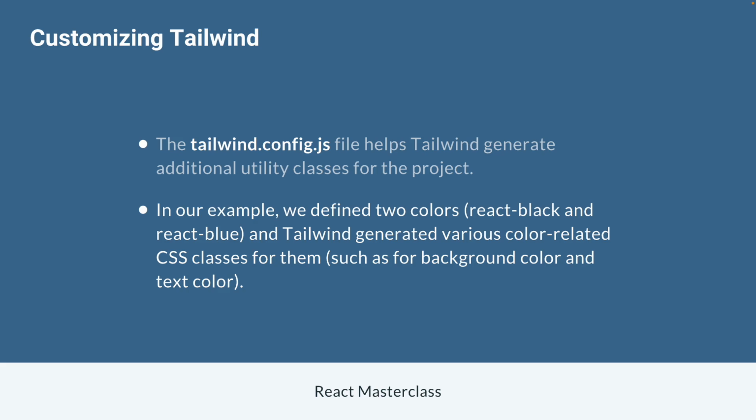And those CSS classes will have the same naming conventions as Tailwind's built-in classes. So it's super convenient because eventually you just can't even tell whether the class is coming from Tailwind or yourself. But the same principle applies. We just write a whole bunch of classes inline and we enable Tailwind to generate additional classes for us by customizing the Tailwind config file.